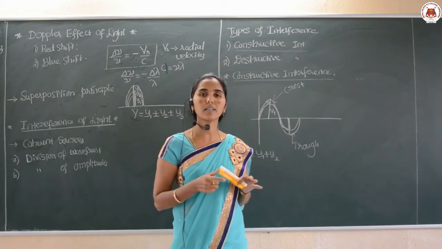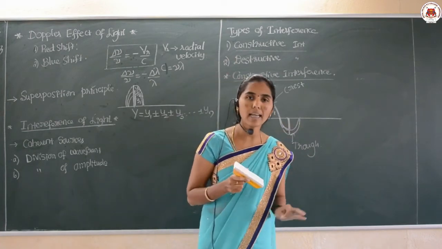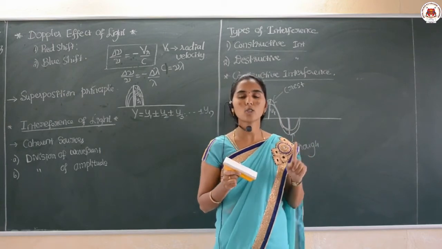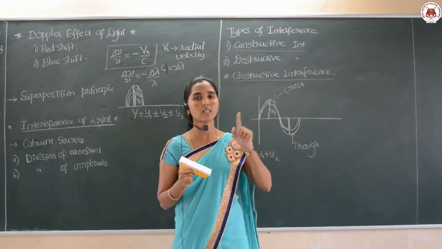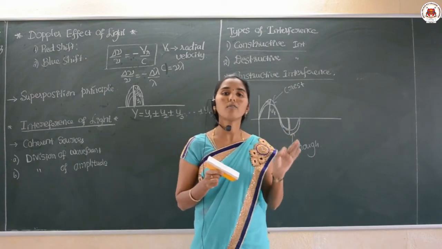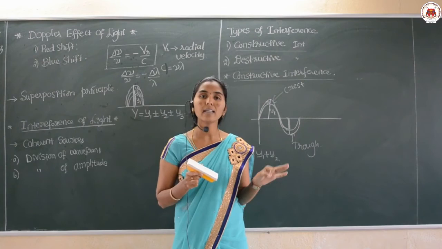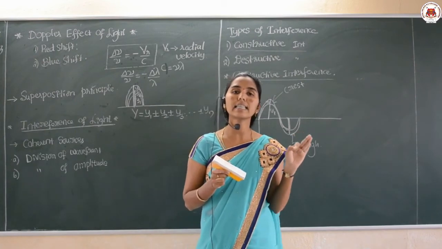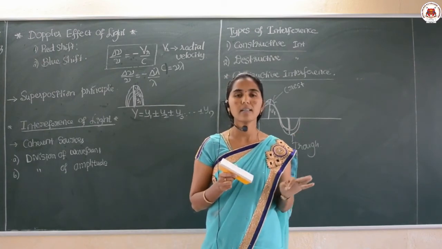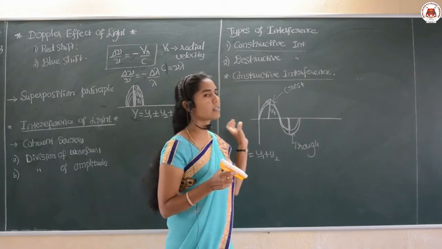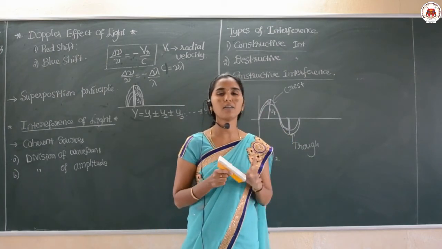What is constructive interference? The interference of light in which the crest of one wave falls on the crest of another, or the trough of one falls on the trough of another, and there is an increase in the intensity of the light, is called constructive interference.